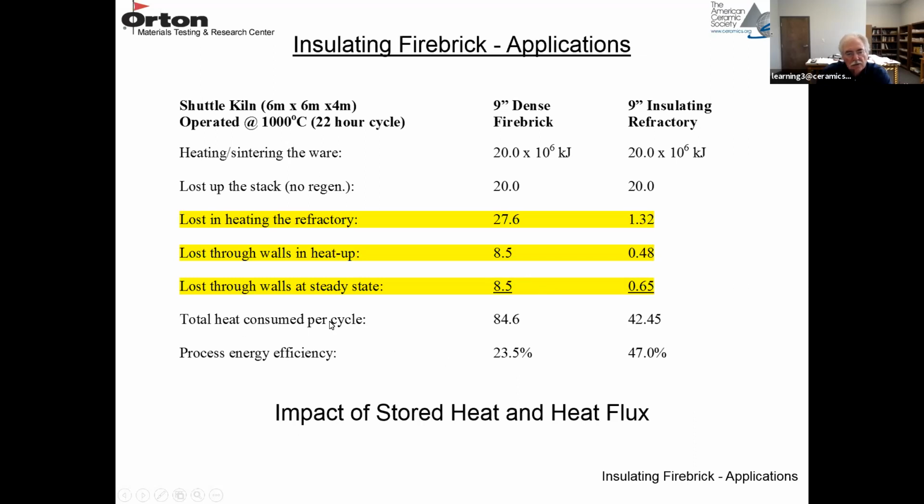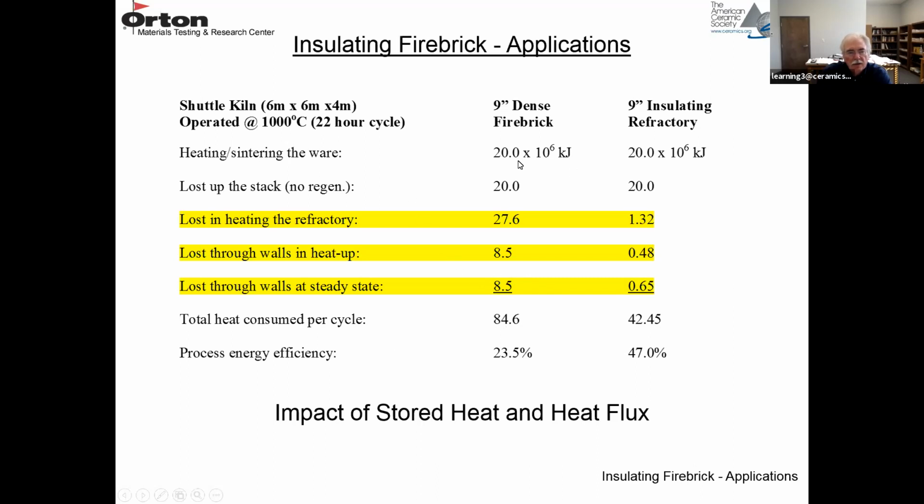So the total heat consumed per cycle is 84.6 times 10 to the 6 kilojoules here, and this is about half, 42.45 times 10 to the 6 kilojoules. So the energy efficiency here is 23.5%.